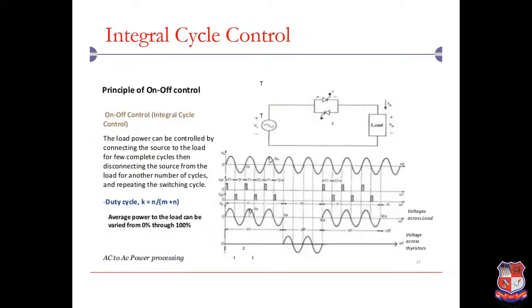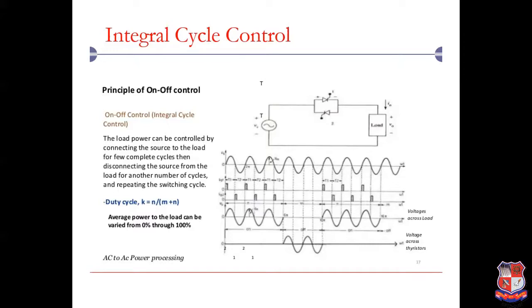So first one, integral cycle control. As I explained, in this case, we have connected the AC source with load along with anti-parallel connected thyristor pair, in which we turn on both the thyristors for few complete cycles and turn off for few complete cycles.